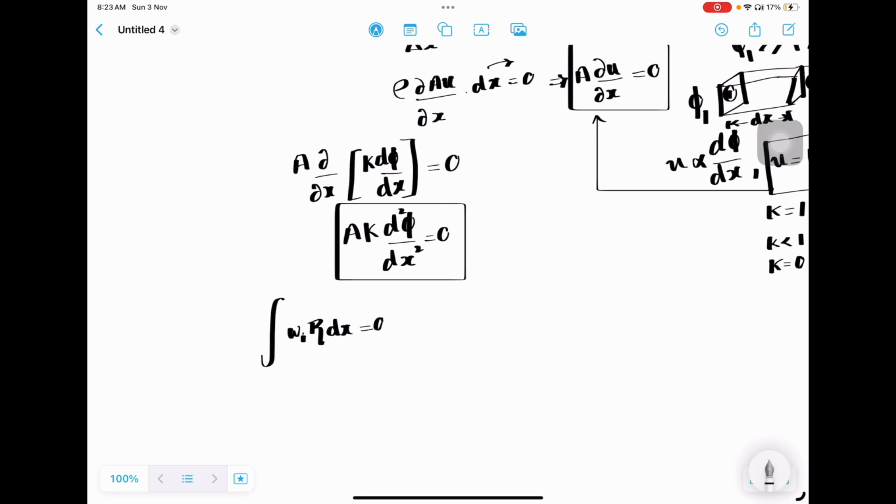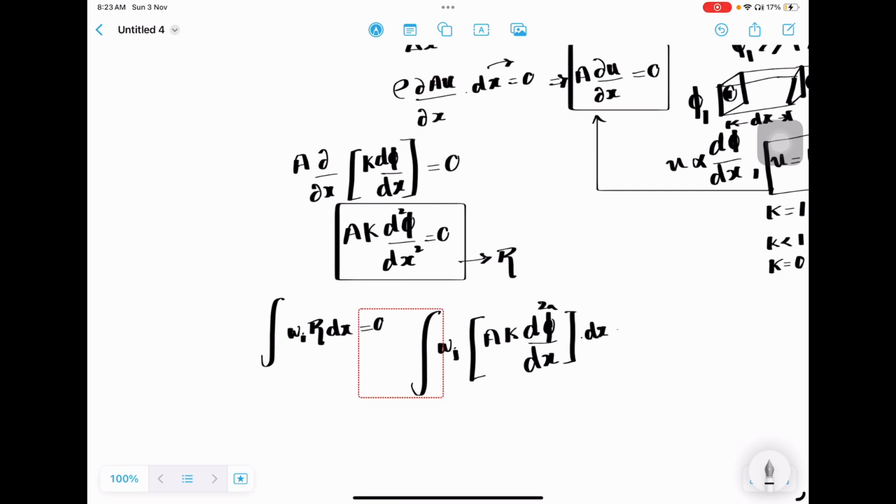We know by Galerkin's weighted residual method, the governing differential equation is the residual, right? So it will be integral of Wi into capital R, which is A into K into d square phi cap into dx is equal to 0.